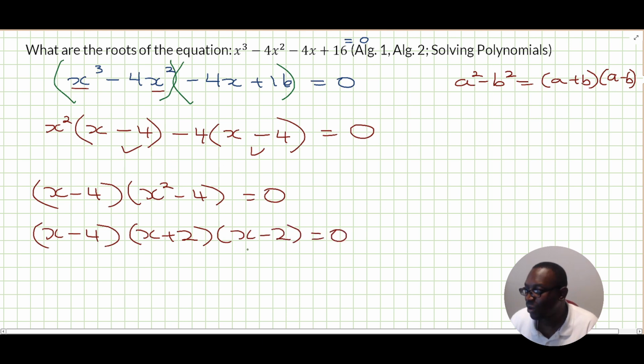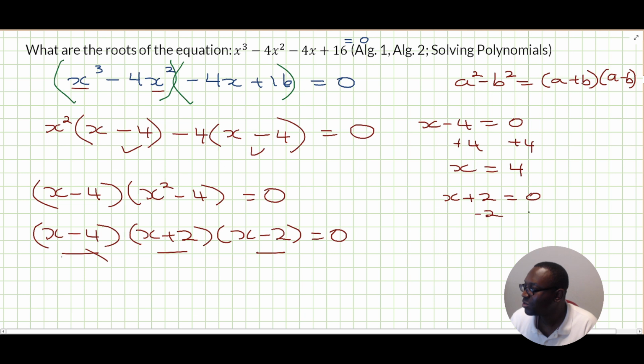So the rule that we're working with is when you have three numbers and their product is 0, any of those numbers could be equal to 0. So what we're going to do now is take turns making all of these expressions equal to 0. So x minus 4 equal to 0. We add 4 to both sides. So x equal to 4. Now x plus 2 equal to 0.